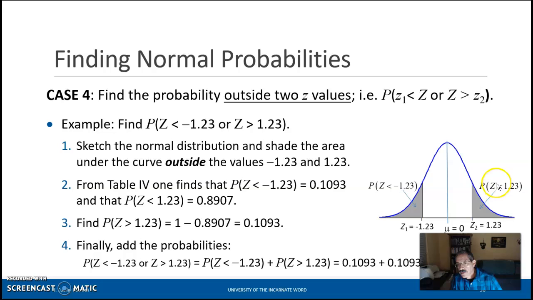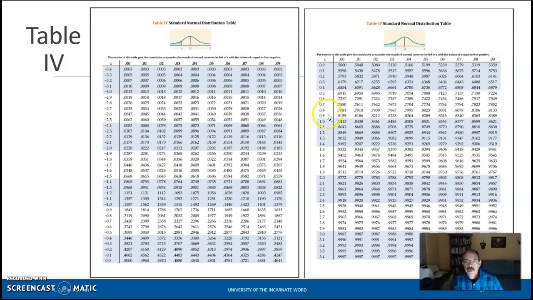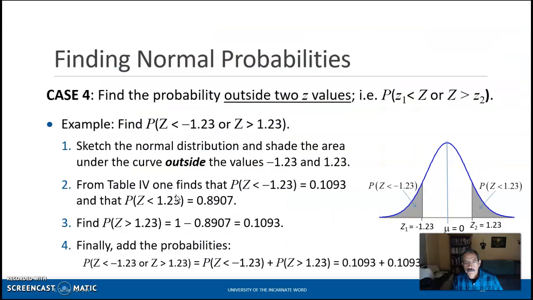Again, this is backwards, this number right here. It should be bigger than. Correct that. All right, so from table 4, we find the probability that z is less than minus 1.23. So you go here, minus 1.2, and you find minus 1.23, and you see that that's 0.1093.